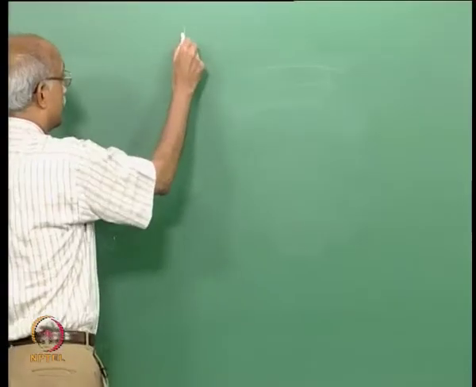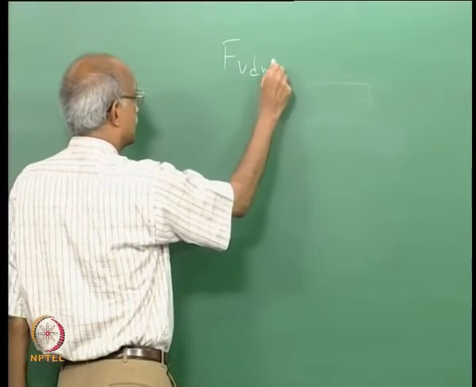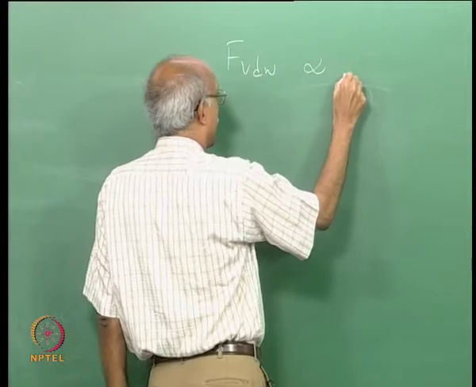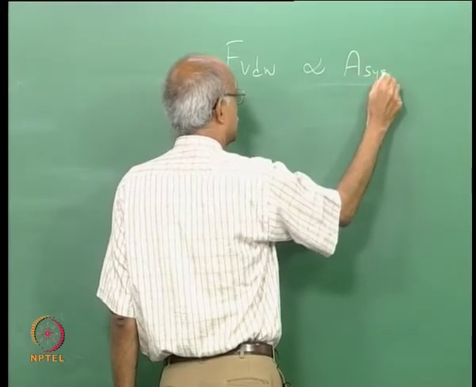So this F van der Waals is a function of the Hamaker constant of the system.